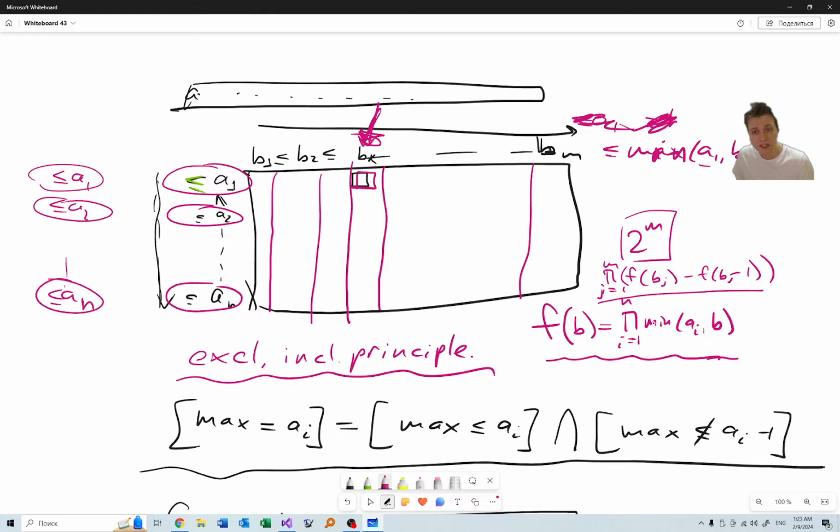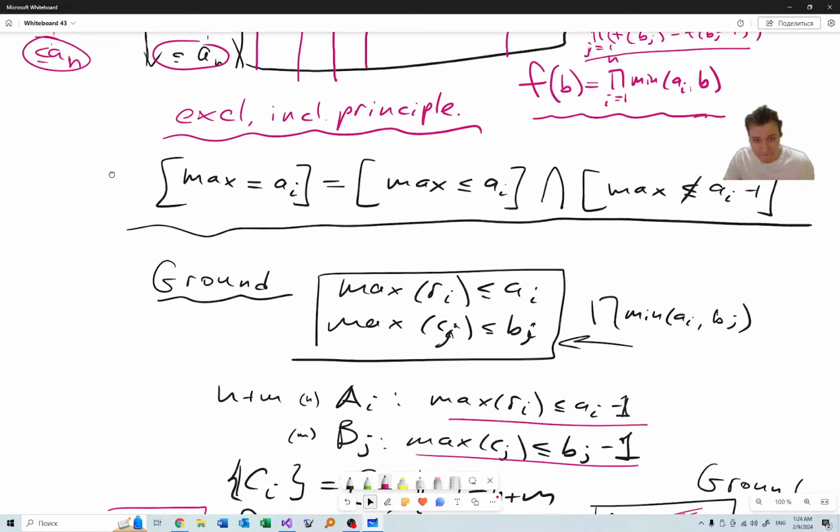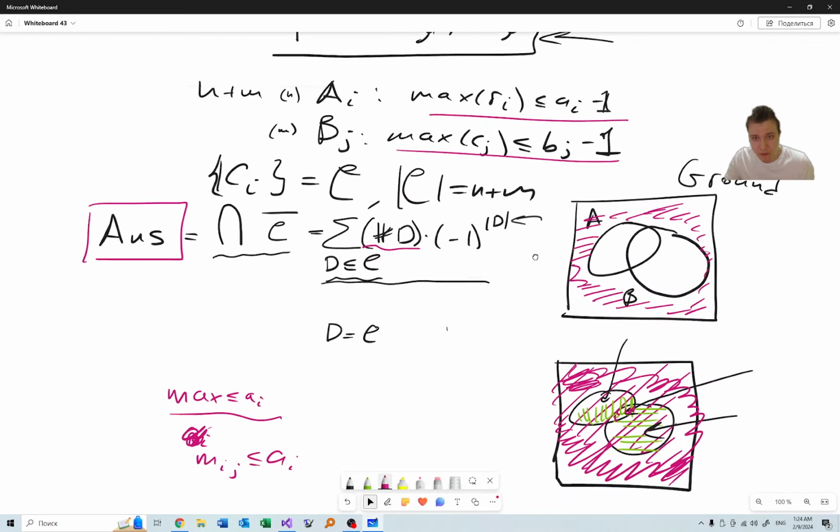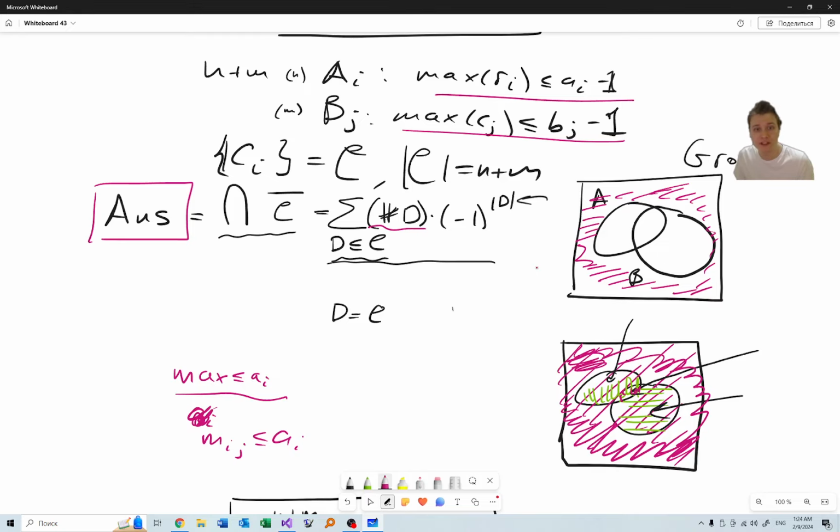Okay, the problem with that is it's still slow. It's still slow because I still need to make the exclusion-inclusion principle on the rows. Yes, I eliminated the exclusion-inclusion principle for columns. Why is it slow? It's slow because I need to consider all subsets of my conditions. But actually, sometimes they are independent.